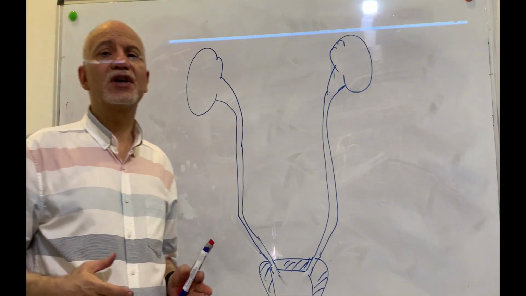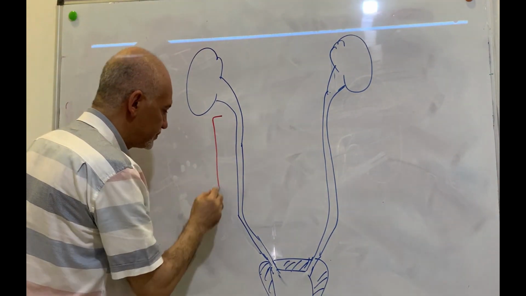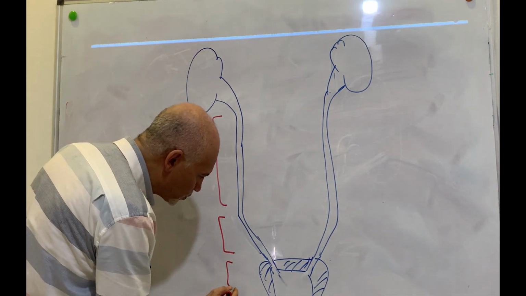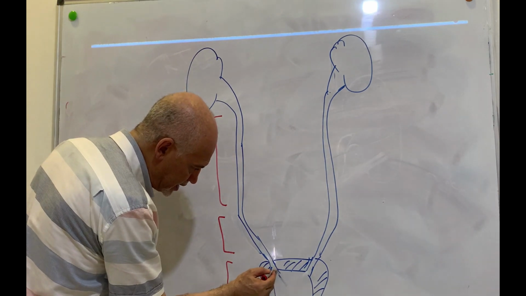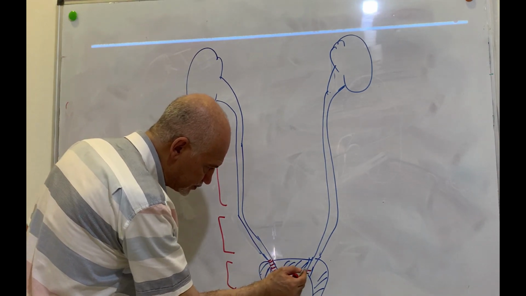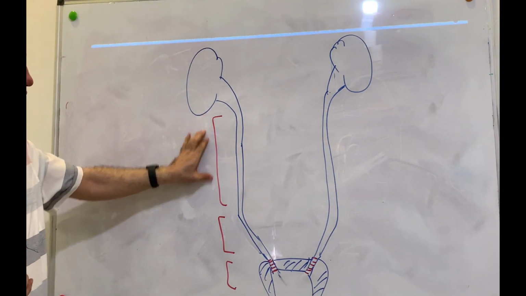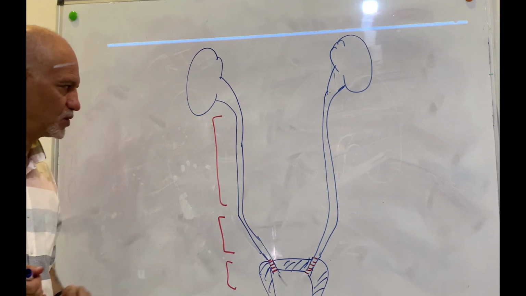We can divide the ureter into three parts: abdominal part of the ureter, pelvic part of the ureter, and this small part which runs inside the wall of the bladder, called the intramural part, or interstitial part of the ureter.